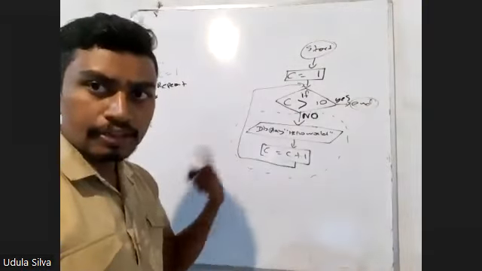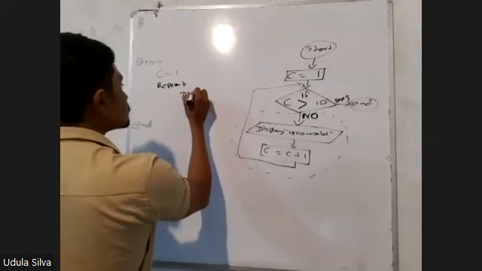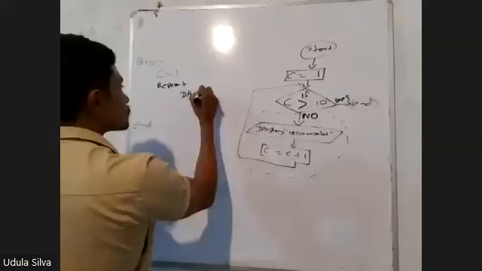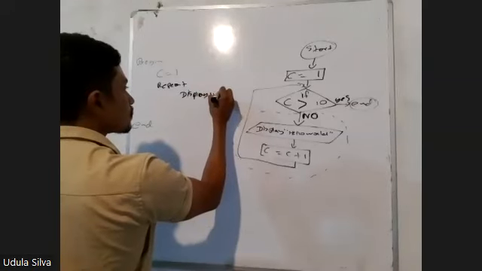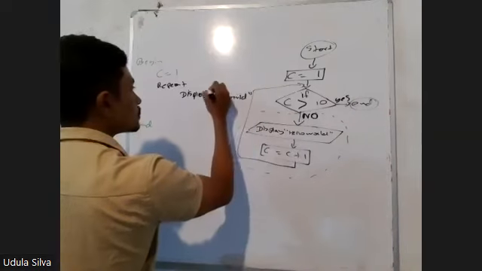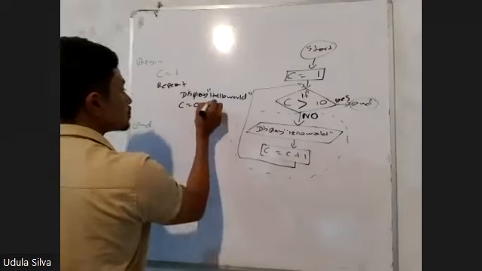Put the word repeat and give the repeating area. So what is the repeating area? Display hello world. Then C equals C plus 1.